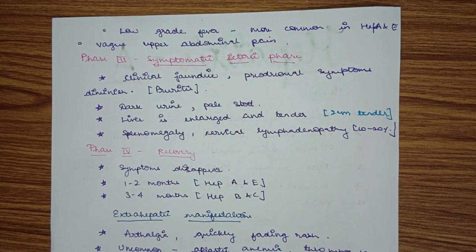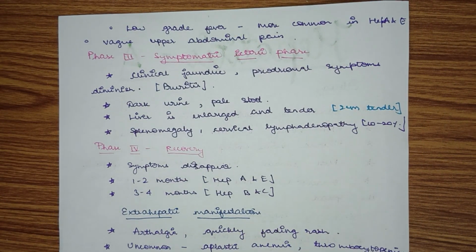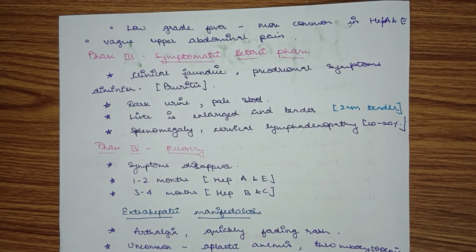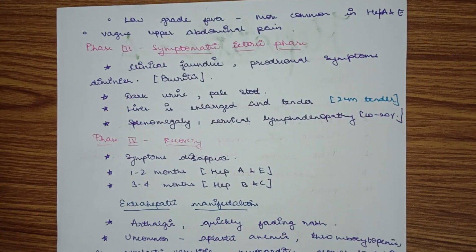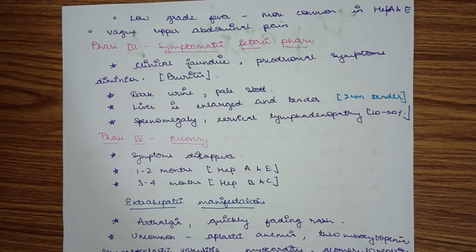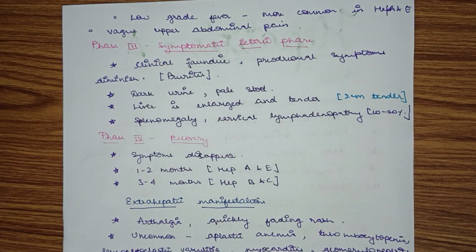Prodromal symptoms will diminish in this phase, which are fever, nausea, vomiting, malaise. All this will start decreasing, whereas clinical jaundice will appear. The urine will be dark and the stools will be pale, and the liver will be enlarged and tender. There's splenomegaly and cervical lymphadenopathy in some cases, but not in everyone.